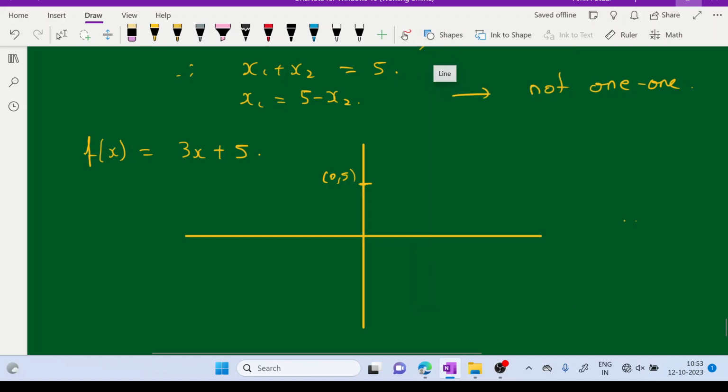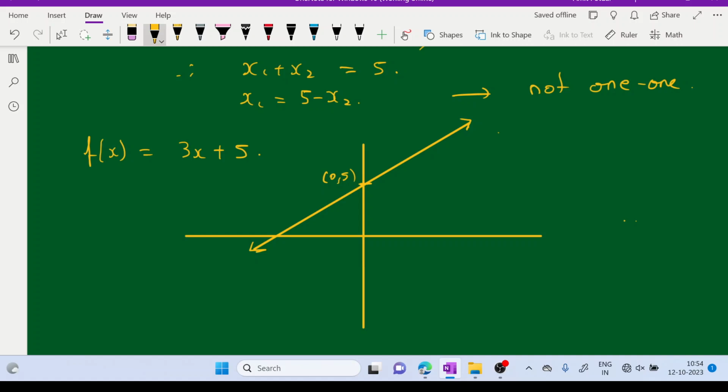This is a linear equation in x and y. It will represent a line. Somewhat the line will be like this. It may not be exact, but somewhat the line will be like this. So this is the graph of the function f of x is equal to 3x plus 5.